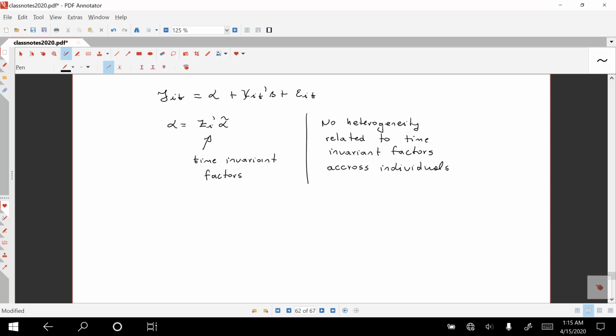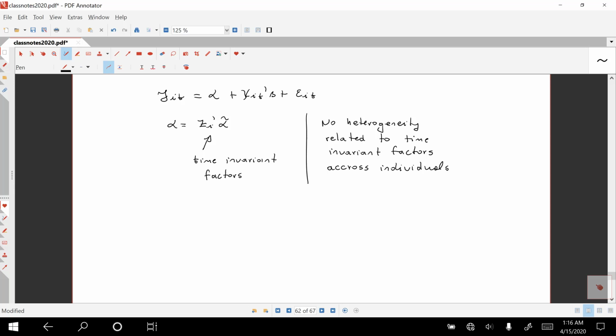One way to think about this model is a context where you do not observe any time invariant factor. They are all unobserved. In reality, later on, we're going to relax that assumption when we look at practice.